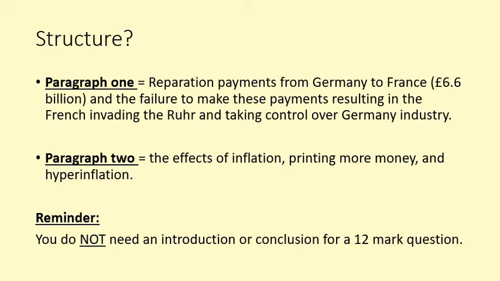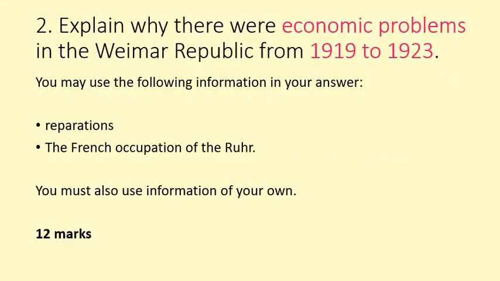So now we have a clear plan in our head of what we need to do. We just need to refresh our memory again of the exam question. You really cannot read them enough. We need to refresh our memory of what the key words are in the question that we've highlighted. Economic problems, 1919 to 1923.